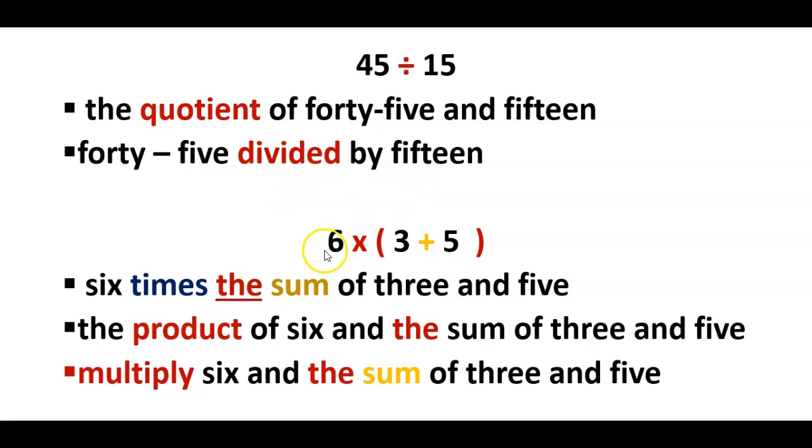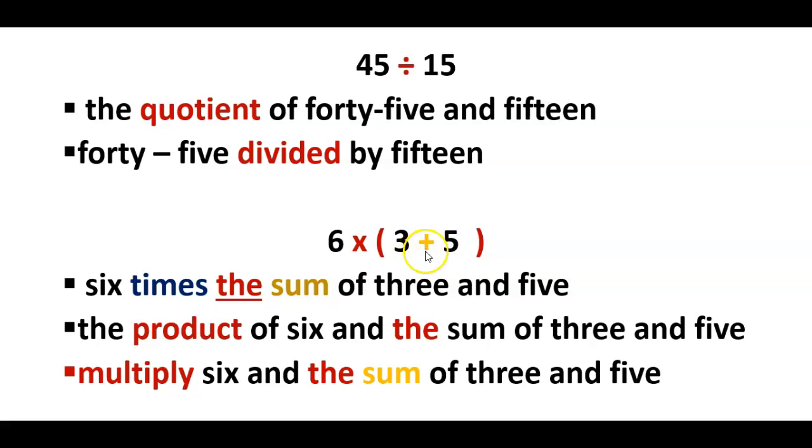Okay, in here, we have 6, multiplication sign, open parenthesis, 3, and then addition sign, 5, close parenthesis. If we are going to translate this, we know that this is times, and we know that this is plus or sum.